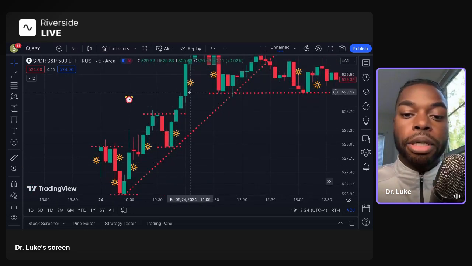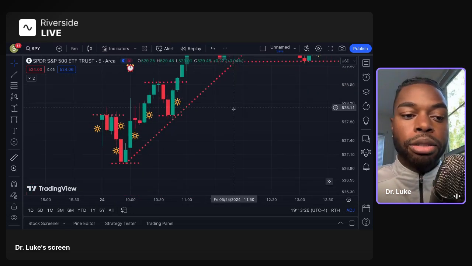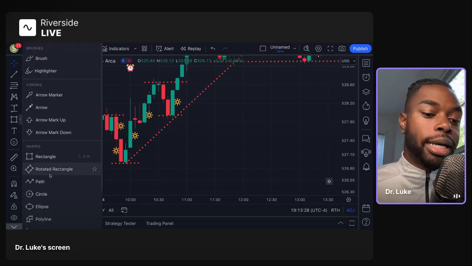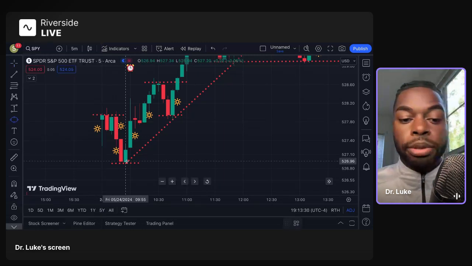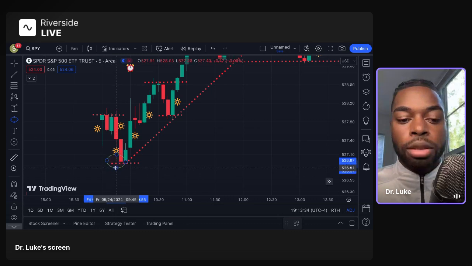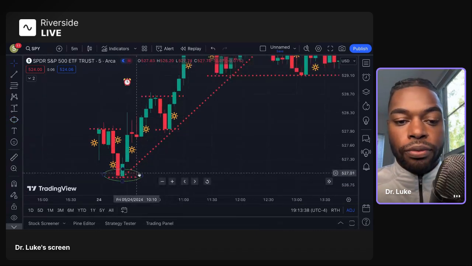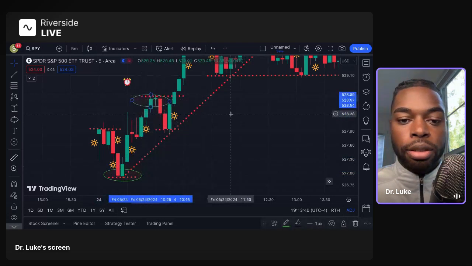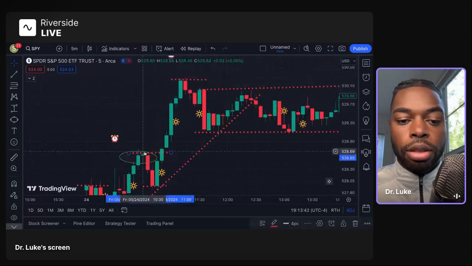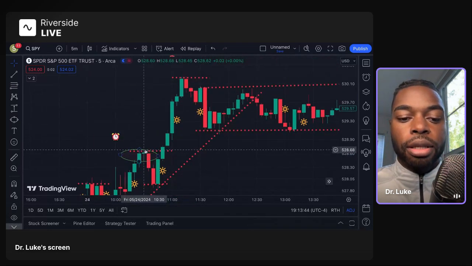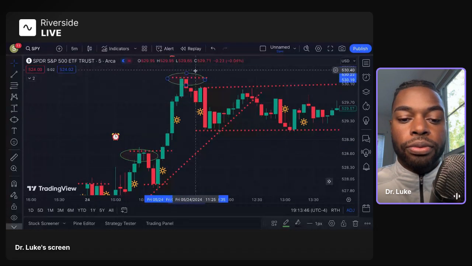Then after marking up the bars, we'll look at major reversal times. So you can mark that however you'd like. I'll do an ellipse. So it looks like we have a reversal here. We have another reversal here. And then another. These are more pullbacks, if anything. Another reversal kind of here.